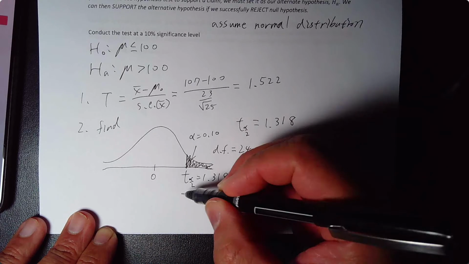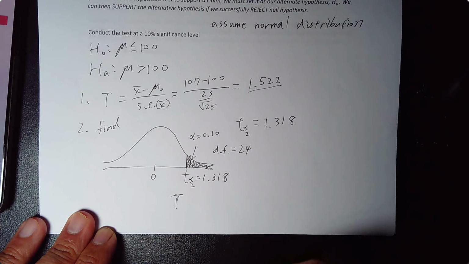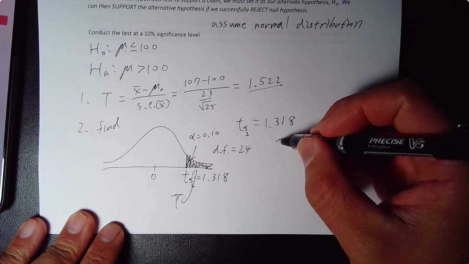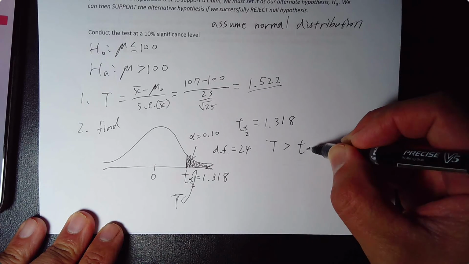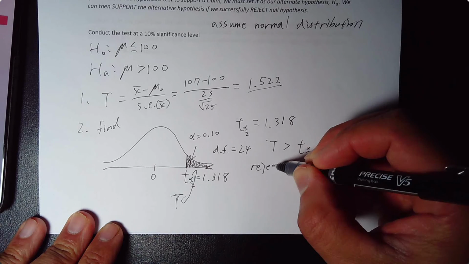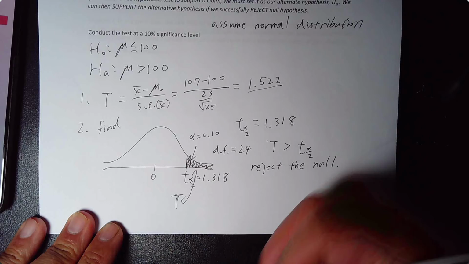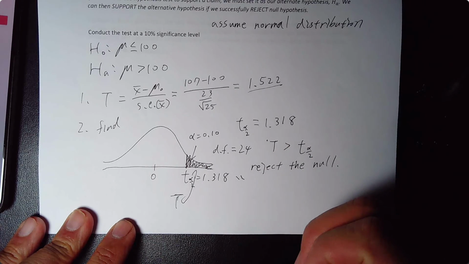My test statistic falls to the right, because my test statistic is 1.522, falls to the right here. So I can write that my test statistic is greater than my critical value. Therefore, we reject the null. And now once we reject the null, we can create a statement such as this.